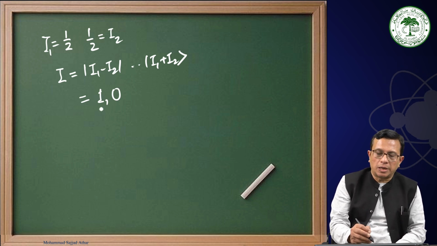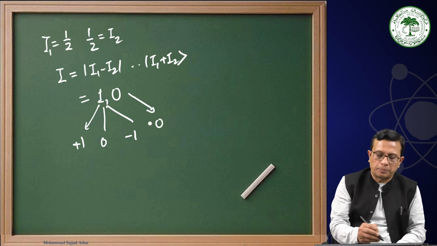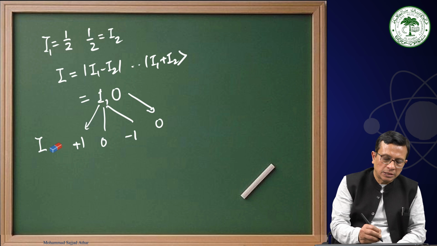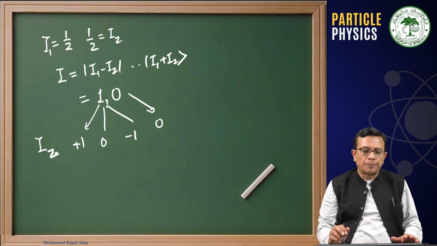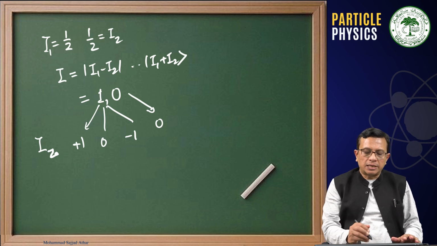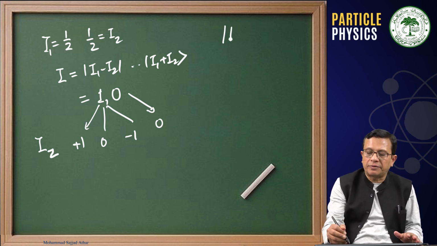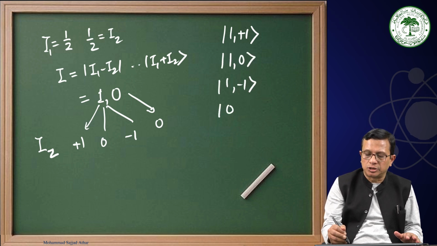Now this 1 will have projections plus 1, 0, minus 1, and this 0 will have projection 0, where I call IZ the Z component or the third component. So IZ is plus 1, 0 and minus 1 for 1, and 0 for 0. Therefore, the different states are 1 plus 1, 1 0, 1 minus 1 and 0 0.